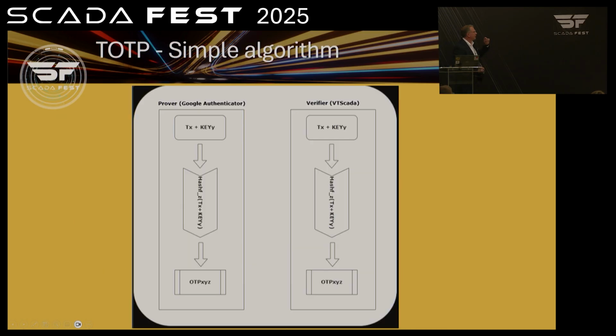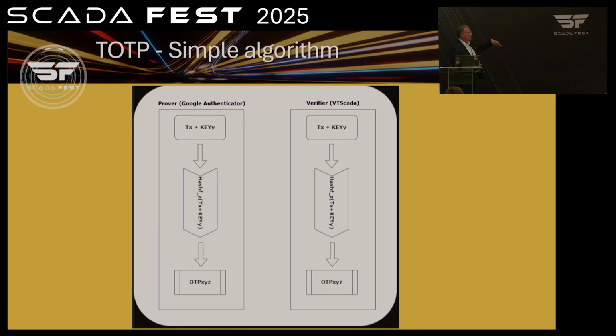So just a little background also on the algorithm. It's a simple algorithm. Basically we have what we call the prover, which would be your authenticator app, and the verifier, which is VTScada. If VTScada and the authenticator know the same key, and they have the same perception of the current time, then they can build a password made of the current time and the common key.